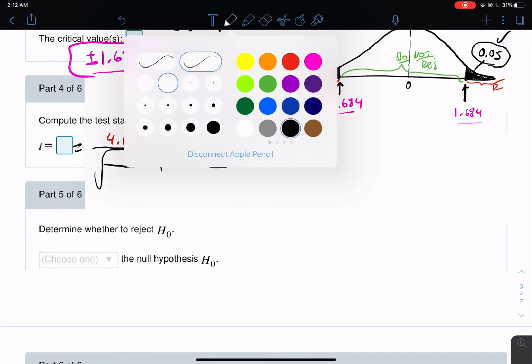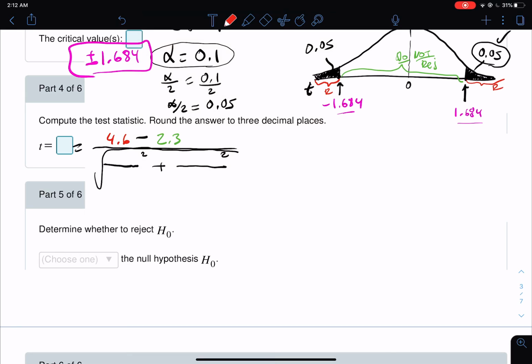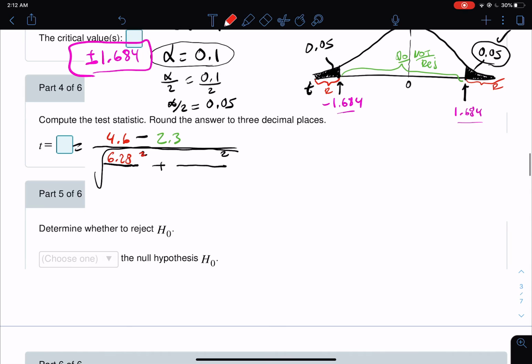Let's use our color. Our first one is going to be from our first sample. So standard deviation of the sample is 6.28, and that gets squared. And then the sample size is 41. Then we've got the sample standard deviation is 4.66, and that gets squared right there. And that's over the sample size of the second population, or second sample, which is 49.